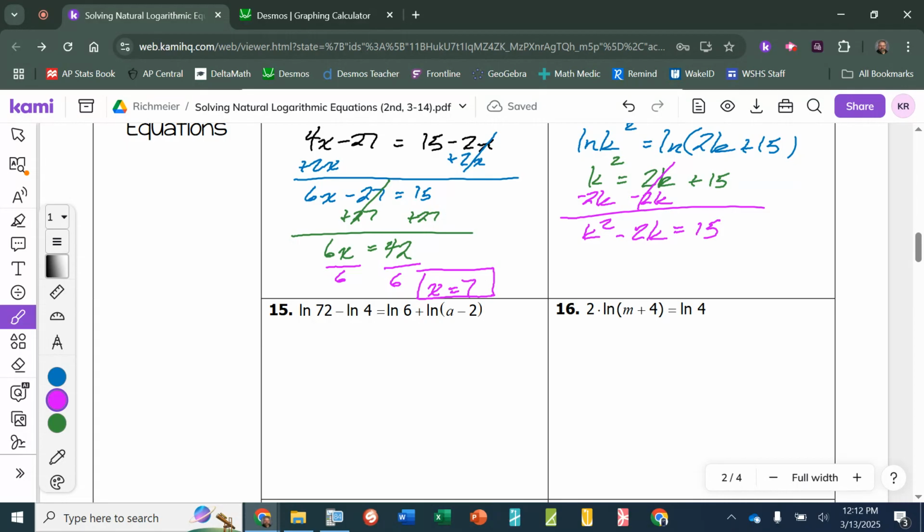Now, I need to go ahead and take that 15 and move it to the other side, because again, I get to get this thing equal to 0. So we're going to have k squared minus 2k minus 15 is equal to 0.